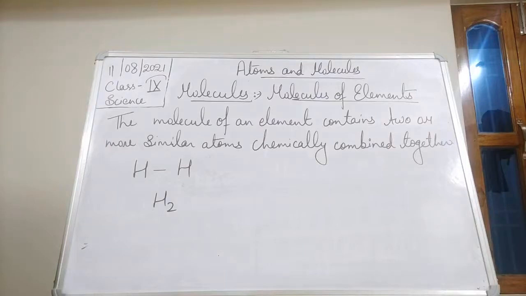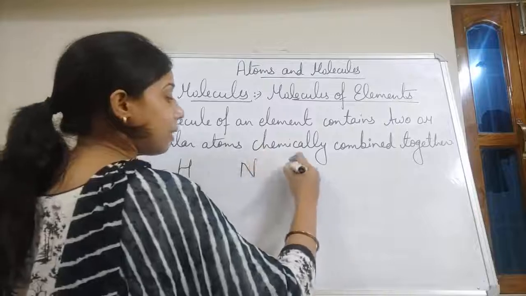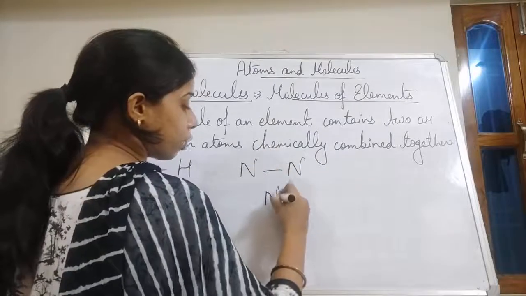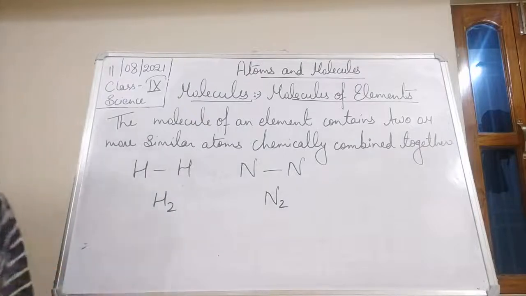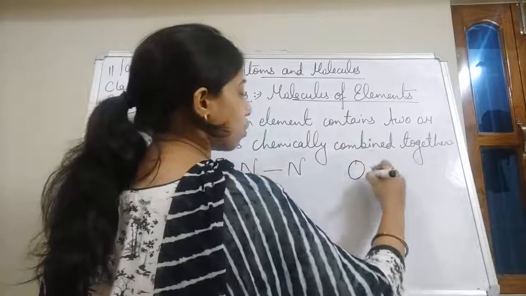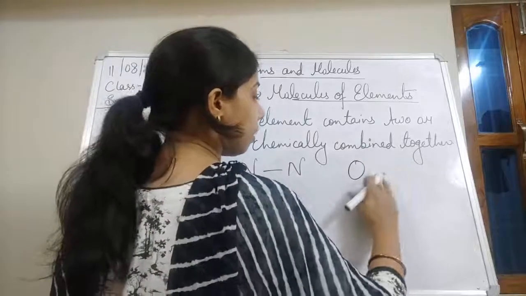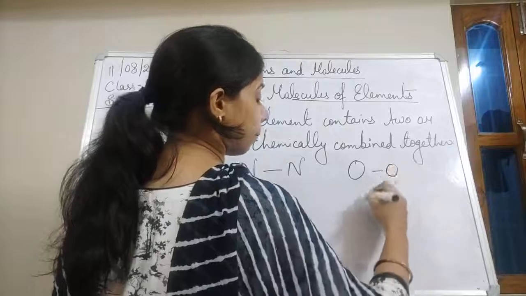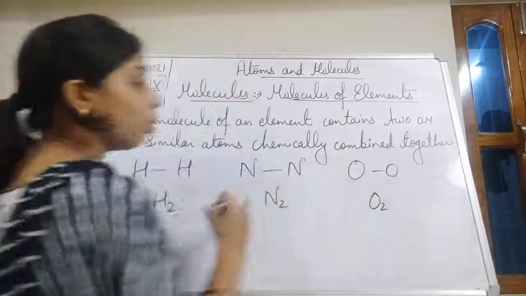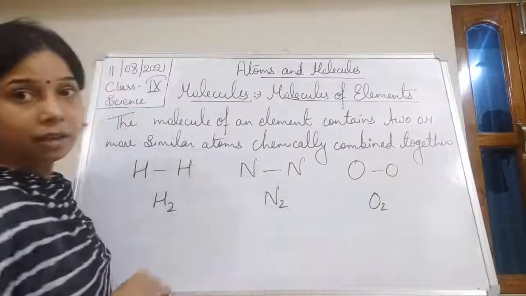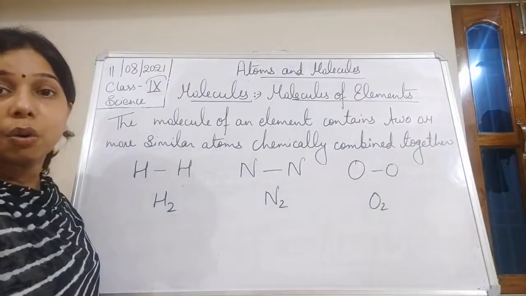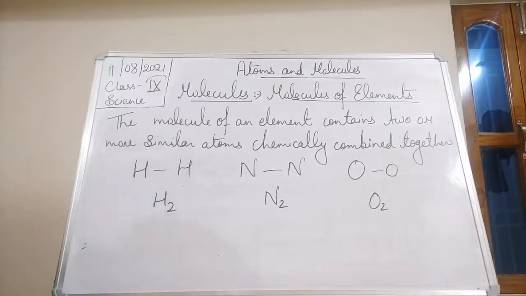Similarly, nitrogen is a gas made up of two nitrogen atoms, forming an N2 molecule. The same with oxygen: two oxygen atoms form O2, and all of them consist of two atoms. That is why they are also called diatomic molecules.